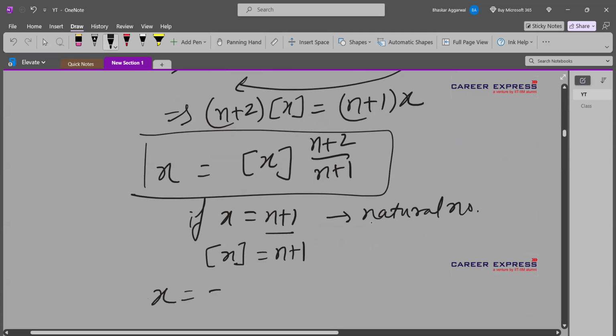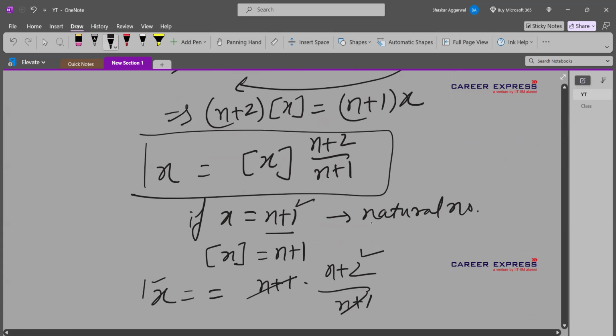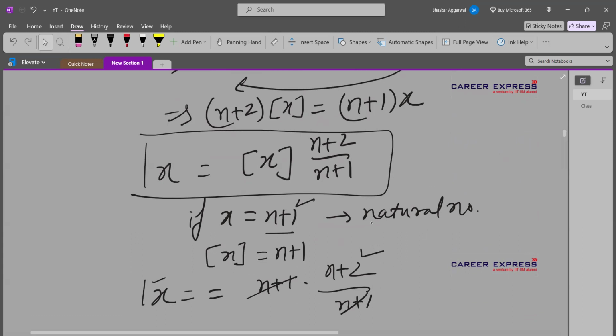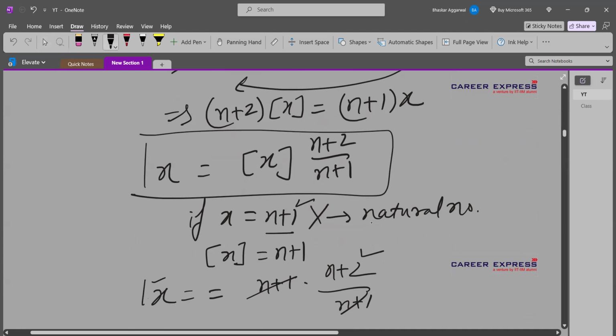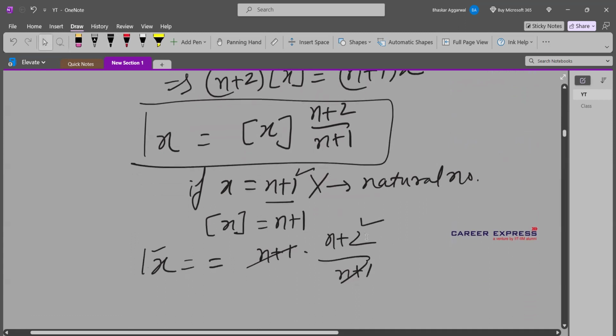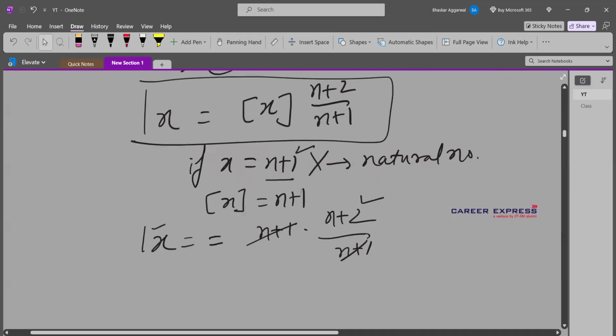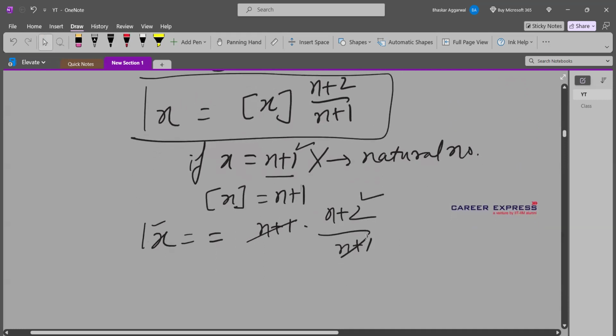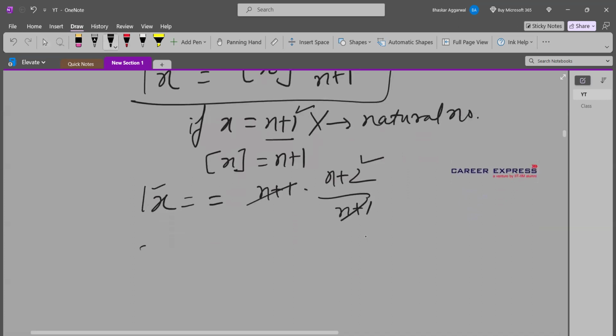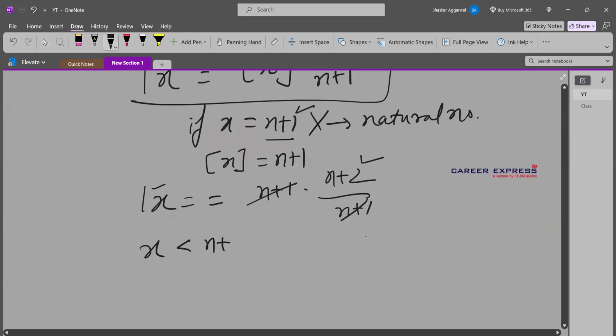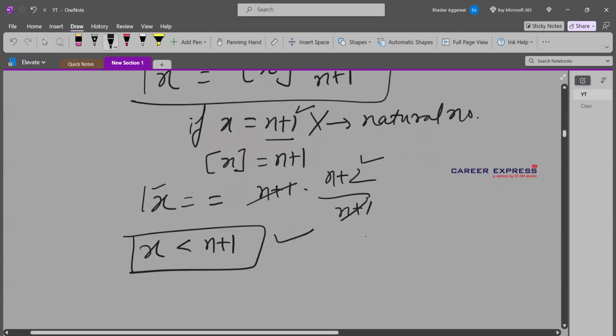So in that case, x will be (n plus 1) times (n plus 2) upon (n plus 1). So x is n plus 2. So we assumed x as n plus 1, but from the equation we get x is n plus 2. So that is wrong. That means x cannot be equal to or more than n plus 1. So x has to be less than n plus 1. So that is the upper limit of x.